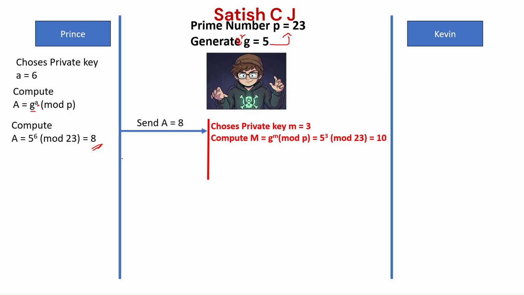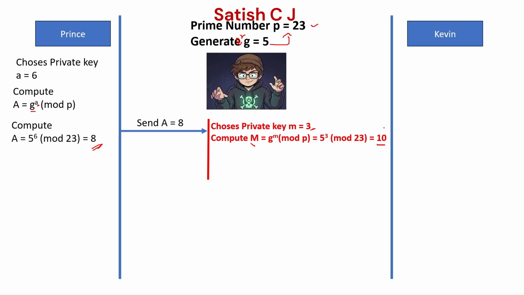He chooses a private key m is equal to 3. The hacker also has the information on the prime number and generator, which is in the public domain. So he takes a private key m is equal to 3, and then he computes the value of capital M as g power m. G is 5, 5 power 3 mod p, P is 23. So he is able to get the result 10.